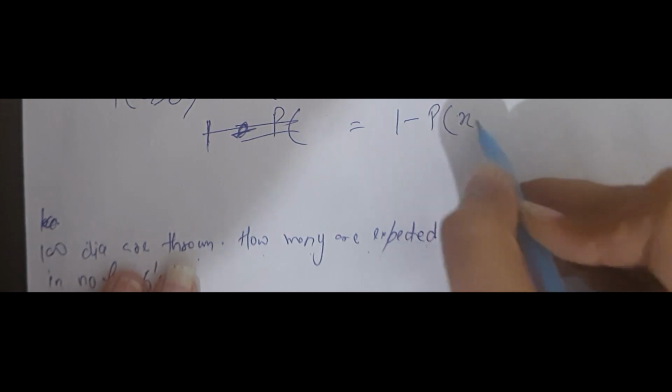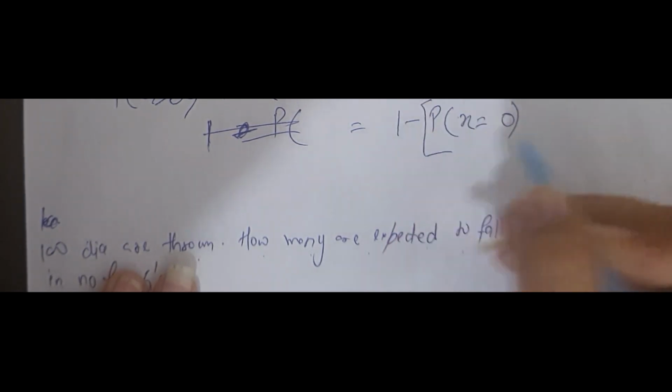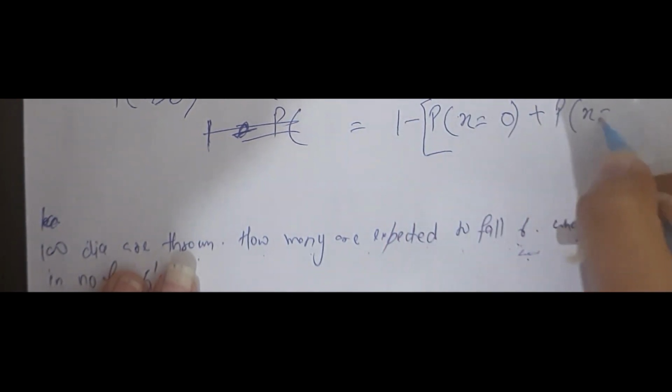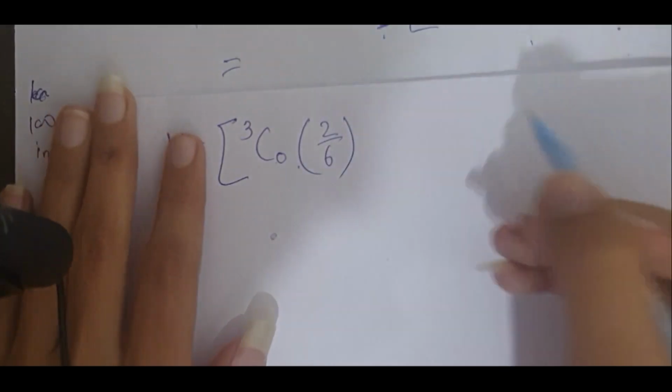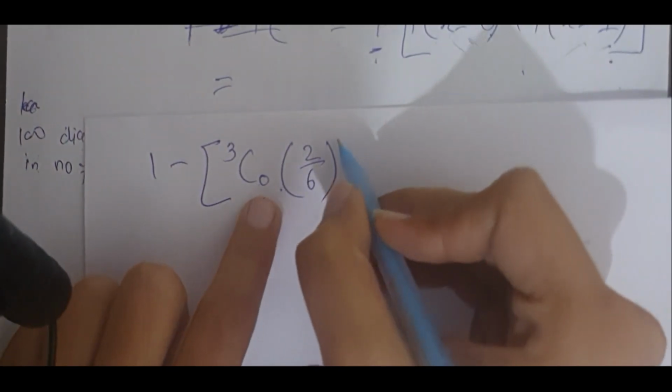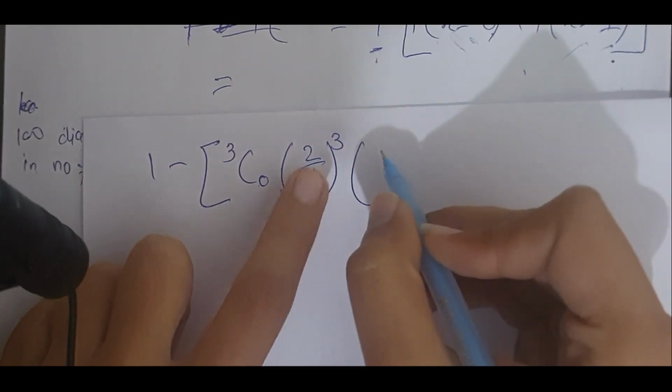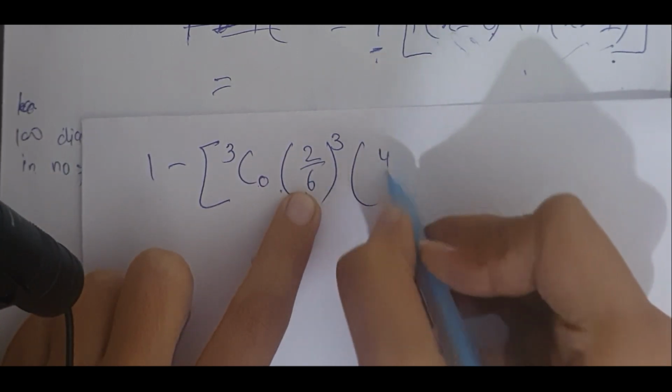The easy process will be 1 minus (P(X=0) plus P(X=1)). That is 1 minus 3C0 times p to the power 0, where p is 2 by 6, that is 1 by 3. I am writing 2 by 6. Here N is 3 and 1 minus 2 by 6 is 4 by 6.